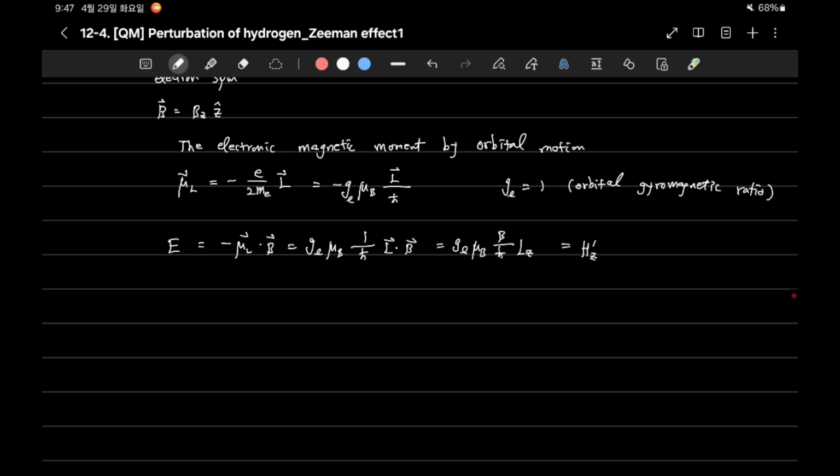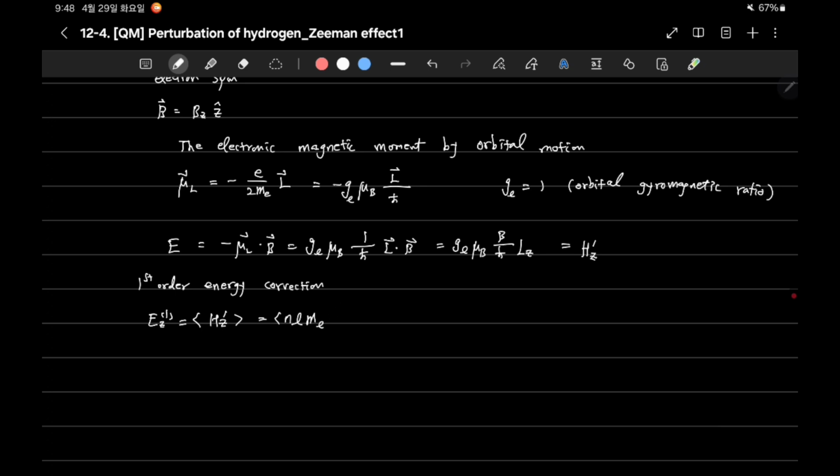So let's consider the first order energy correction. The first order Zeeman energy is the expectation value of the Zeeman Hamiltonian. We should think that the basis is n, the principal quantum number, l, the orbital quantum number, and m_l, the orbital magnetic quantum number.